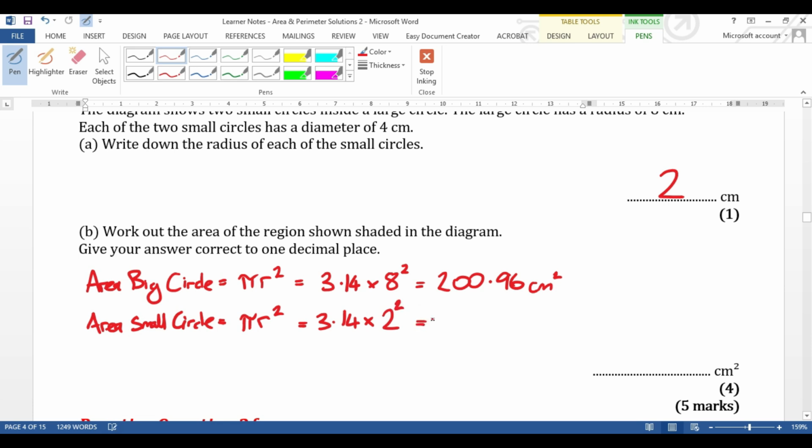So 3.14 times 2 squared gives me 12.56 centimeters squared.